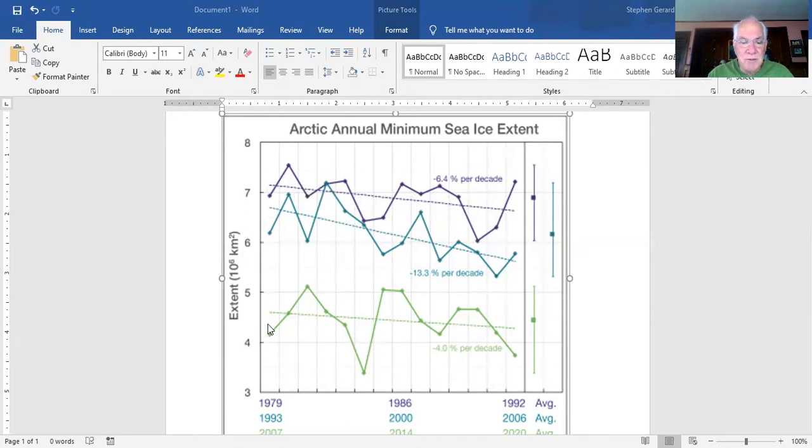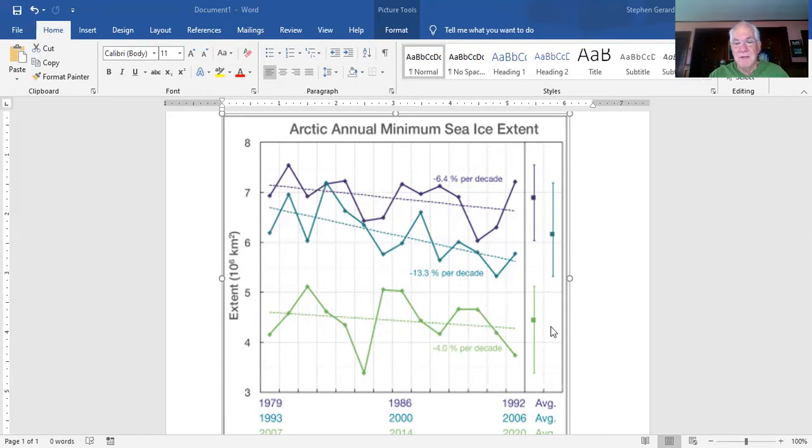And then from 2006 on, it's down to negative 4%. What they're pointing out is it was declining, and then we had about 14 years where it declined much more rapidly, almost twice as fast. And then we have the third one where it's still declining, but not as fast as it was during this time frame.